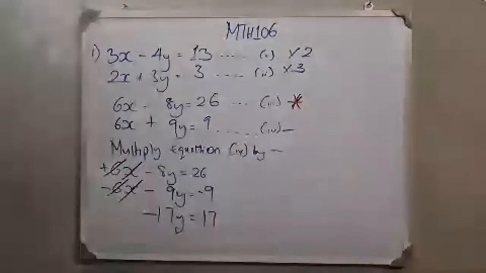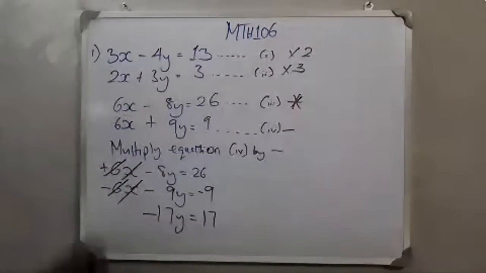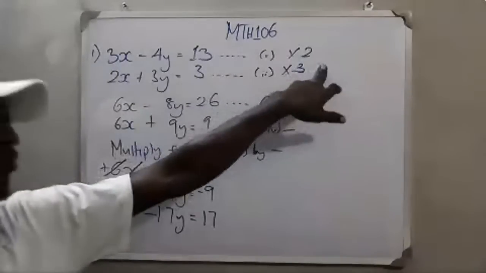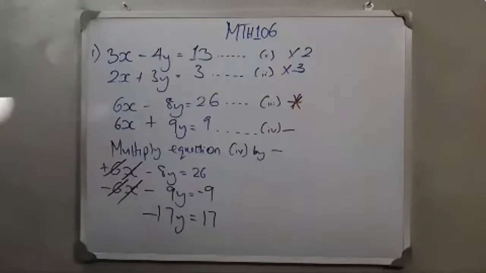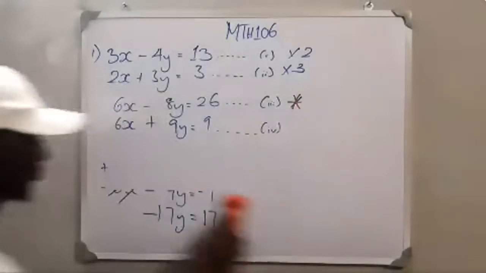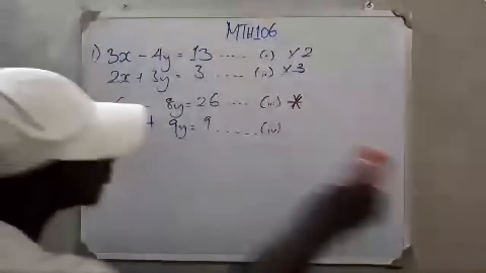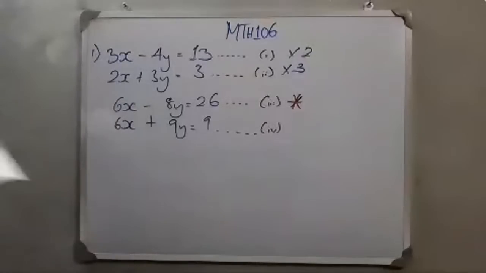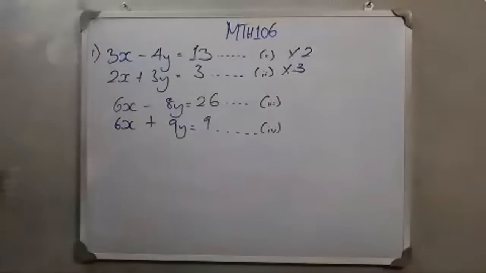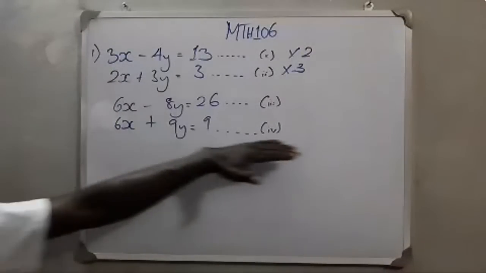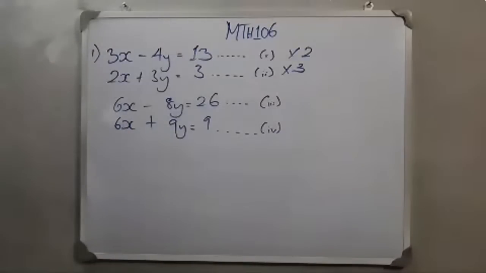Good. Now, when we multiplied equation 1 by 2, we got this. When we multiply equation 2 by 3, we got this. Now we all understand how we got here, which is wonderful.